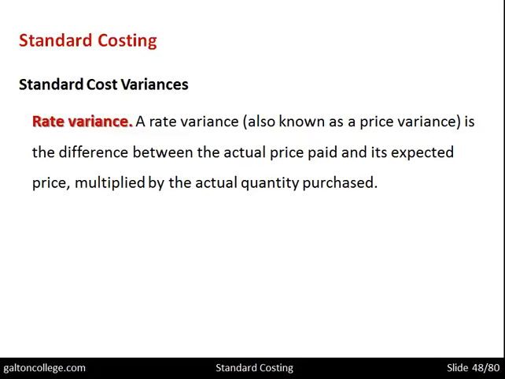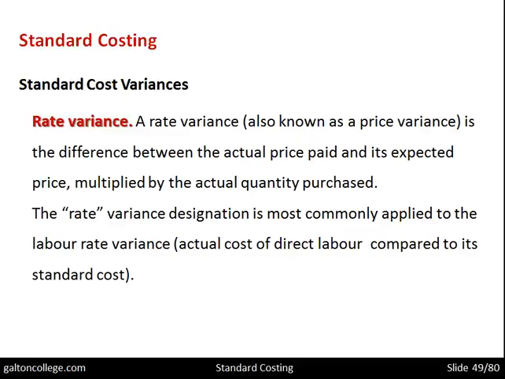So it's looking at the actual versus the expected price times the actual quantity purchased, and that's the rate variance. The rate variance designation is most commonly applied to the labour rate variance, the actual cost of direct labour compared to its standard costs. And that would give a rate variance, a difference between the two.